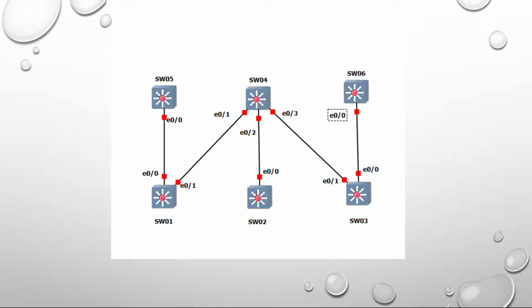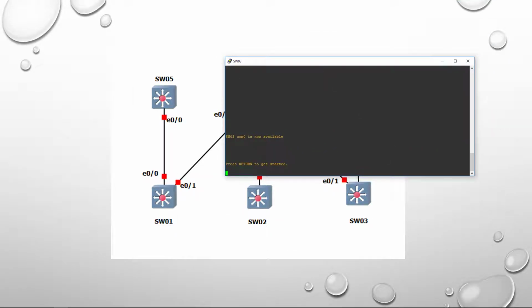For the rest of them, it's the same procedure. For switch 3, it's the same procedure as what we did with the transparent mode, except that the mode would have to be client, and we don't want to mention the version number because the client would have to pick it up from the VTP server, which is switch 4.